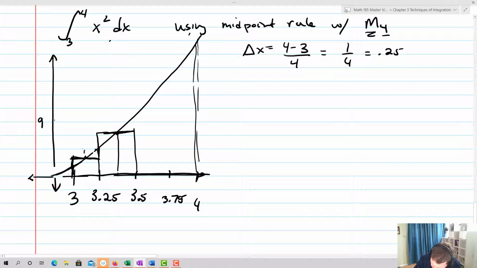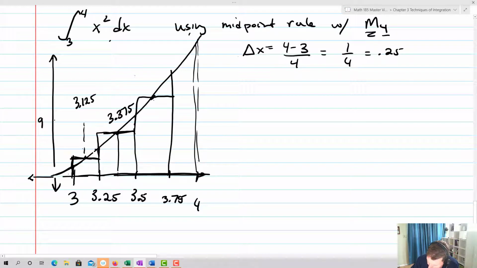So this value right here is 3.125. This is 3.375. This one right here is 3.625. And this value right here should end up being 3.875.